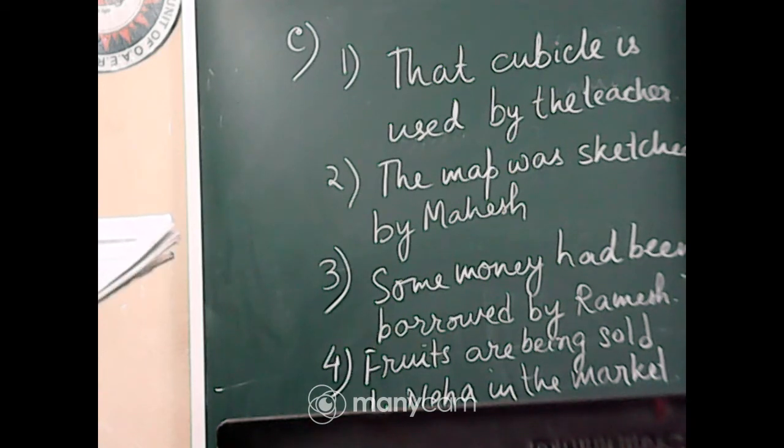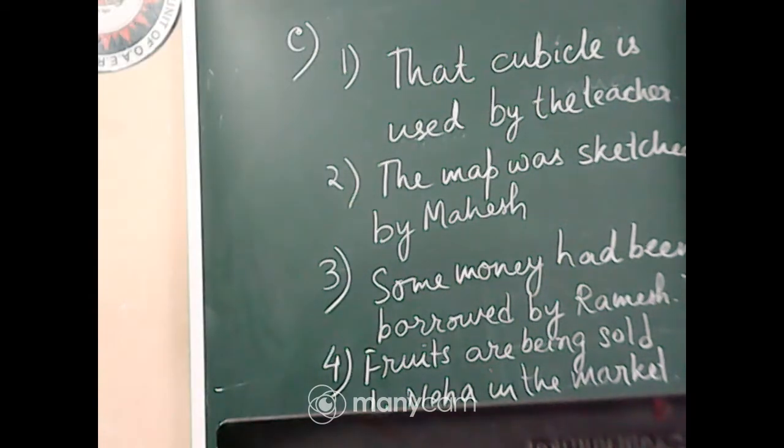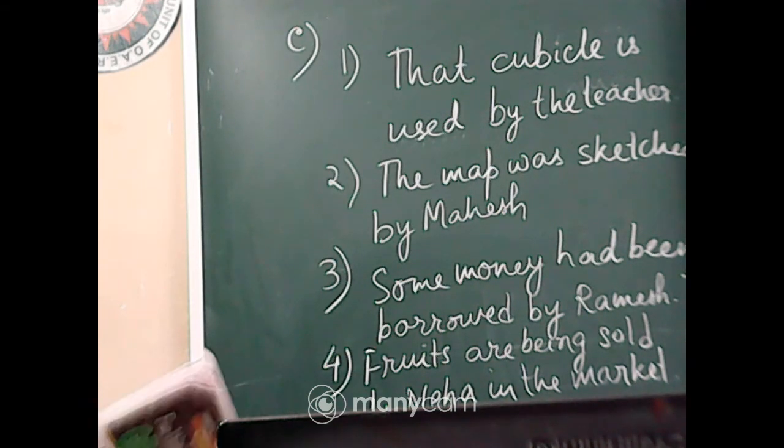Okay. Now come to exercise number D. We are going to do it in the book. Exercise D, fill in the blanks with the passive forms of verbs in the simple present tense.